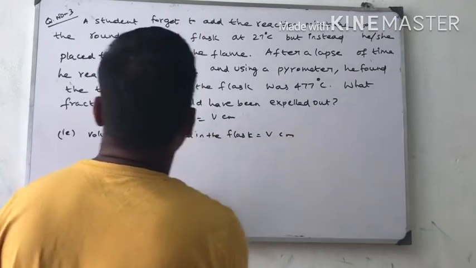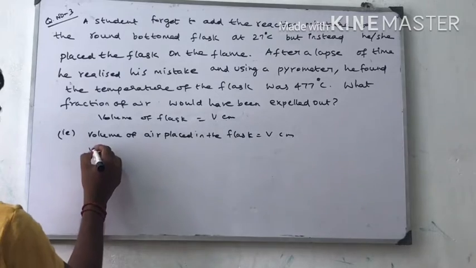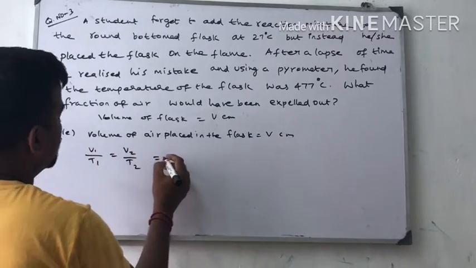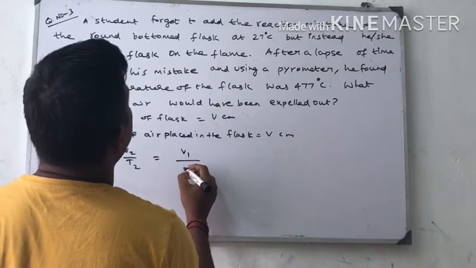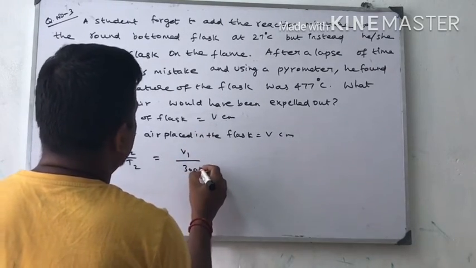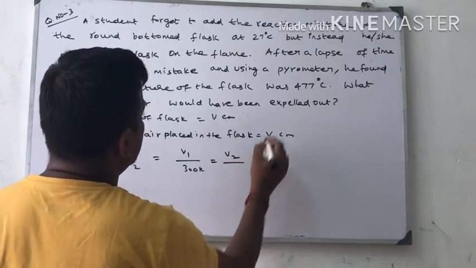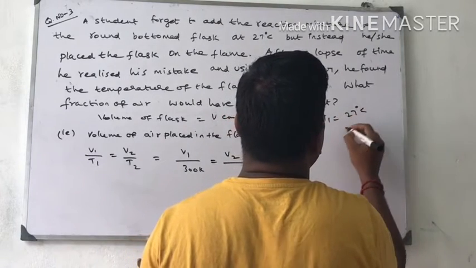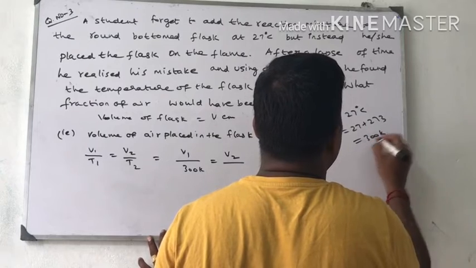Next, using Charles' law, V1 by T1 is equal to V2 by T2. What is V1? We don't know. T1, the initial temperature, is 27 degrees Celsius, which is 27 plus 273, equal to 300 Kelvin.